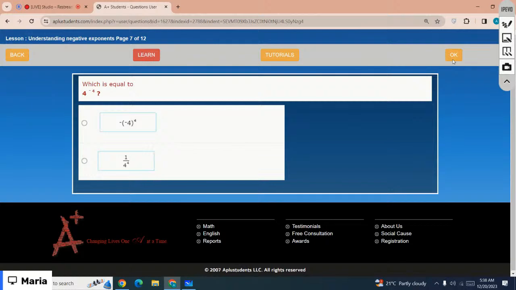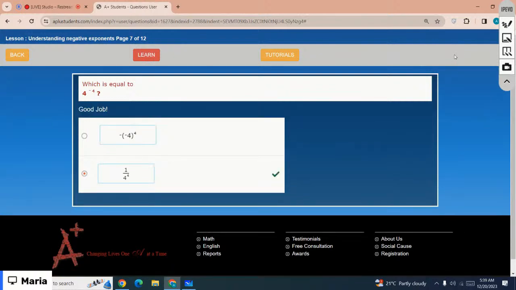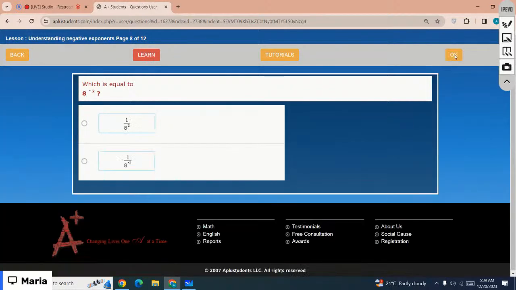Okay, the next one is which is equal to 4 exponent negative 4, which is the correct option? Yes, the second option is the correct one. It will be 1 over 4 exponent 4. Okay, which is equal to 8 exponent negative 2, which is the correct option?